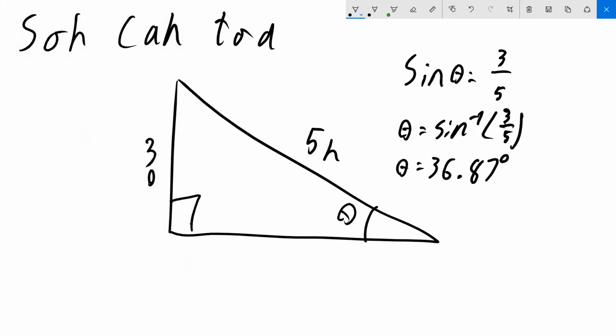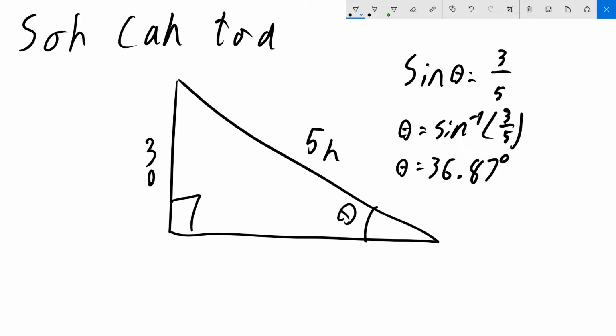Now, this is a representation of an angle here, 36.87 degrees. But if we want to get more precise, we can convert this into something called degrees, minutes, seconds.